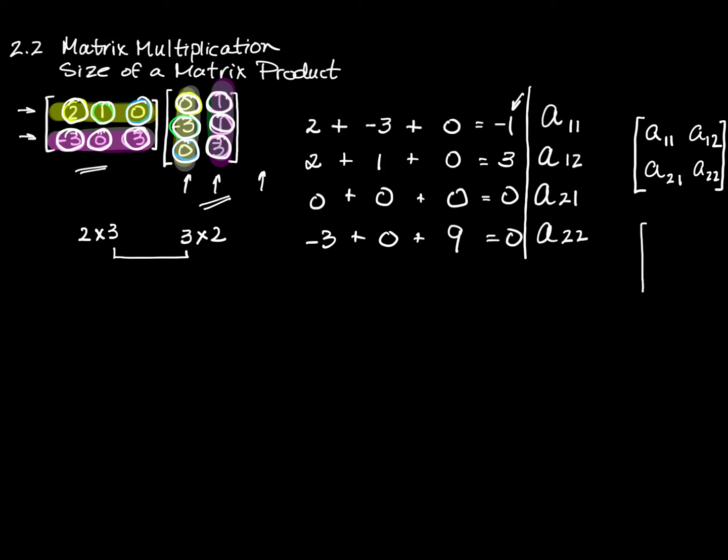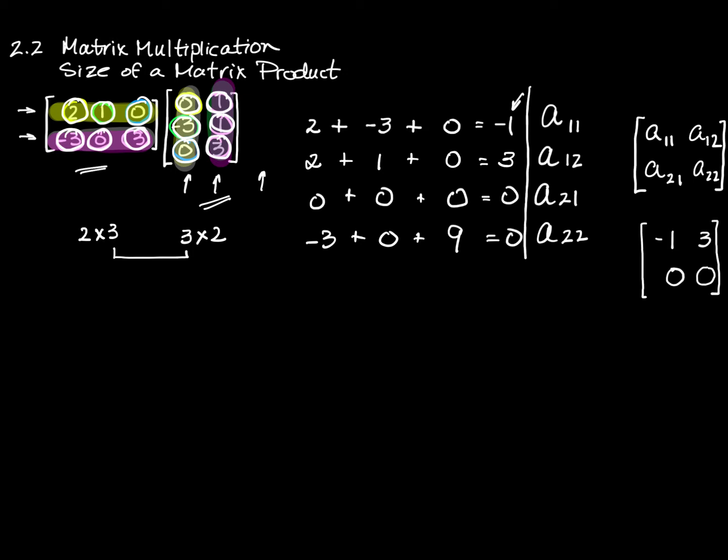So in this case, my matrix is going to be -1, because that's the result of multiplying the first row and the first column. 3 is the result of multiplying the first row with the second column. 0 is the result of multiplying the second row with the first column. And 0 is the result of multiplying the second row with the second column.